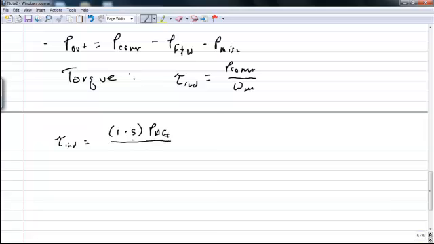One minus s times the air gap power, over 1 minus s times the synchronous speed. Therefore, the induced torque is equal to the air gap power divided by the synchronous speed. So if we know the air gap power, we can find the induced torque.